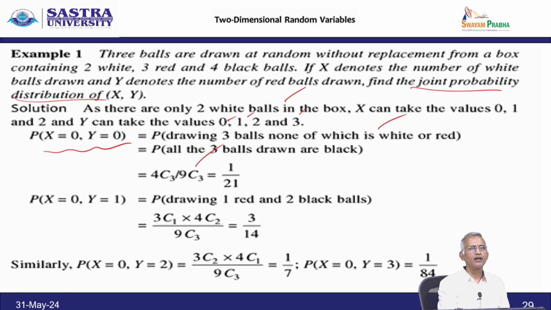If x equal to 0 and y equal to 1, then the probability of drawing 1 red and 2 black balls is 3C1 into 4C2 divided by 9C3, equal to 3 by 14. Similarly, the probability of x equal to 0 and y equal to 2 is 3C2 into 4C1 by 9C3, equal to 1 by 7, and the probability of x equal to 0 and y equal to 3 is 1 by 84.